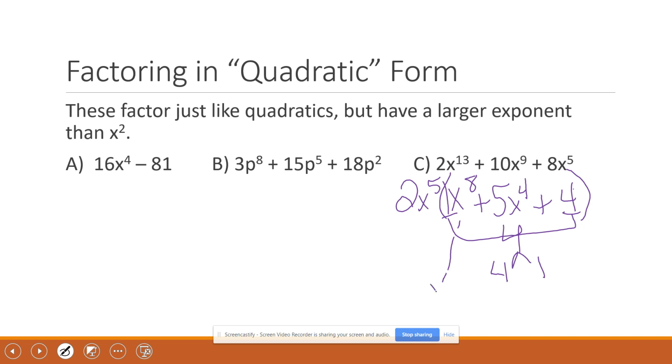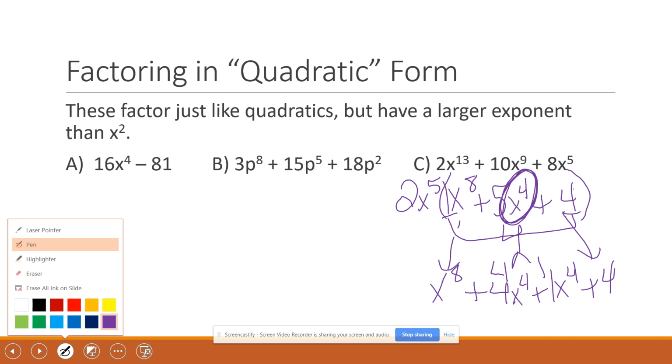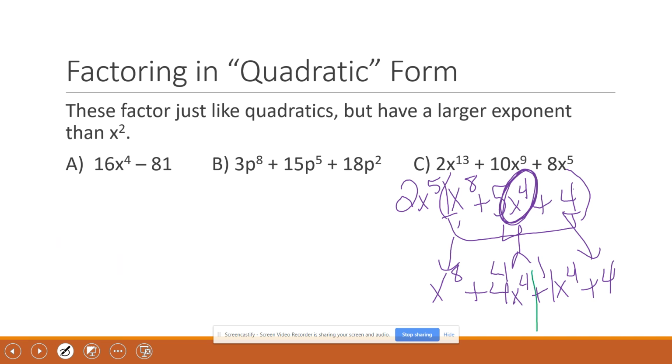So remember, we're ignoring the 2x to the 5th that we pulled out, and we're starting with that x to the 8th plus 4. This middle term here is x to the 4th. So 4x to the 4th plus 1x to the 4th plus 4 from the end there. And then we're splitting this in half.